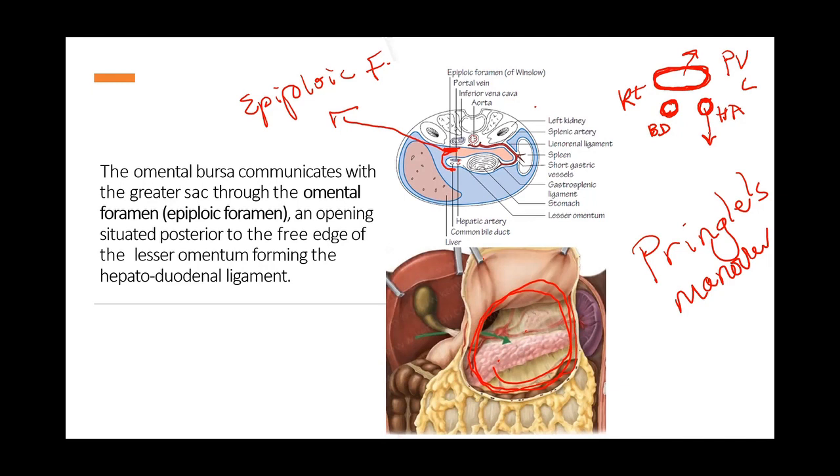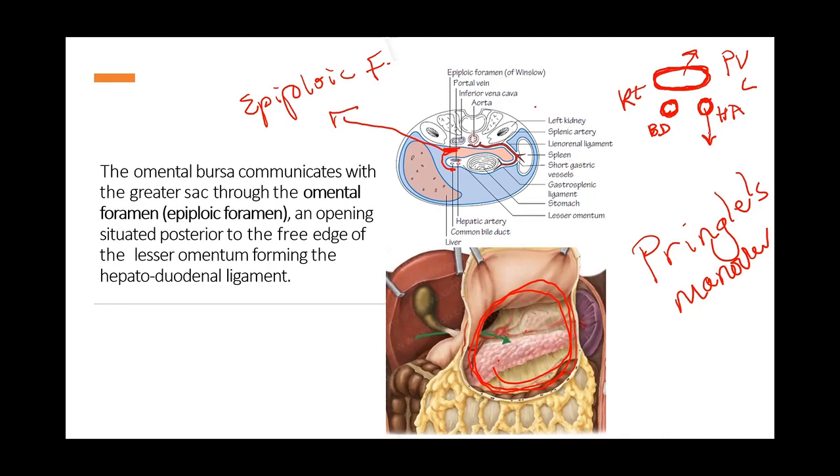You insinuate your index finger into the foramen Winslow and the thumb above these three structures. You apply pressure and up to 80% of the bleeding will stop. Why not 100%? Because there is the hepatic vein that drains into the inferior vena cava.